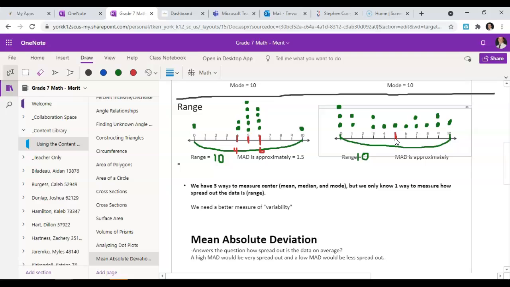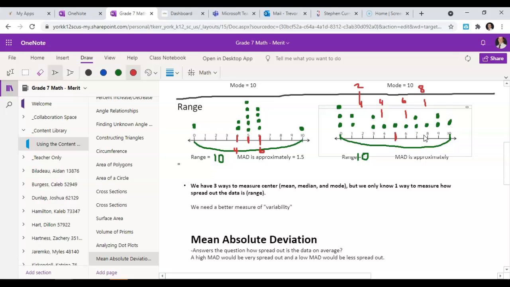Whereas here, if the average was 5, well, some things fall here within 1. So this would be 1 space away, from 4 to 6. Some stuff falls in there, but not very much. If I go out here, from 2, so that would be 1, 2, 3 spaces back to 1, 2, 3 spaces here. So if I go from 2 to 8, well, that's a little bit more of it, but it's still not everything.